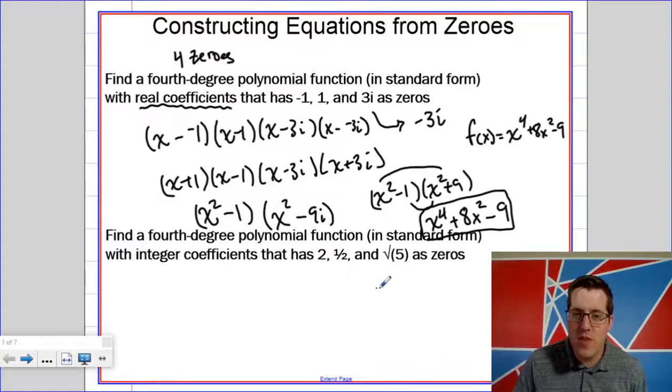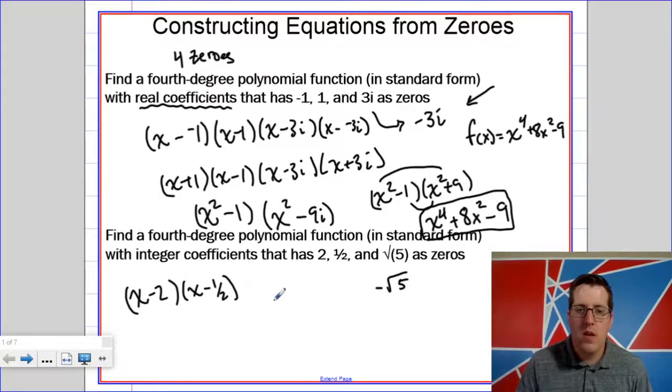So I'm going to have to use a negative √5 as well, for almost the exact same reason as this. So if you go to write that, you would say, all right, x minus 2, x minus 1/2, x minus √5, and x plus √5.